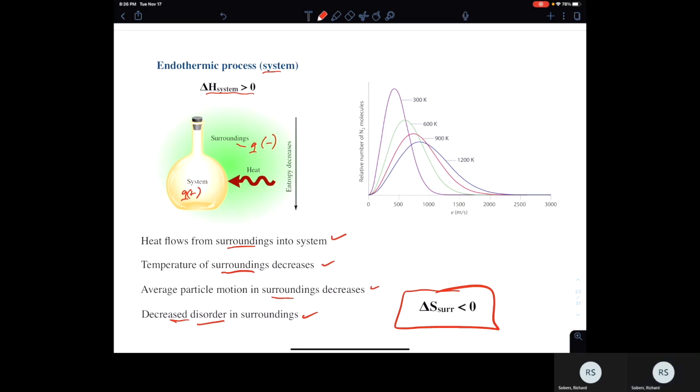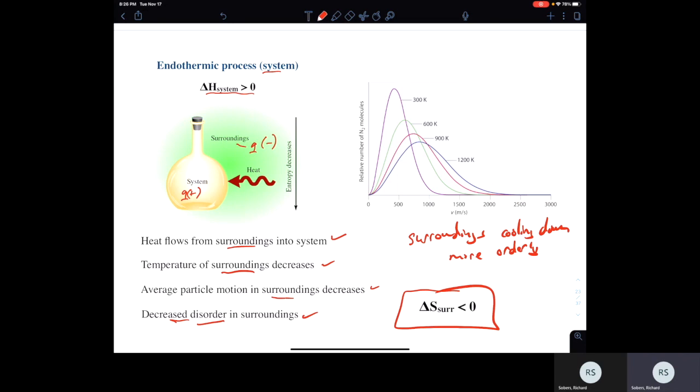When we have an endothermic process in the system, the surroundings are having an increase in order because they're cooling down. They're cooling down, and it's more orderly. So delta S is negative.